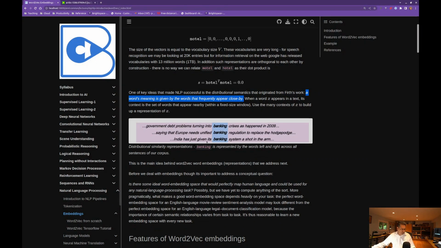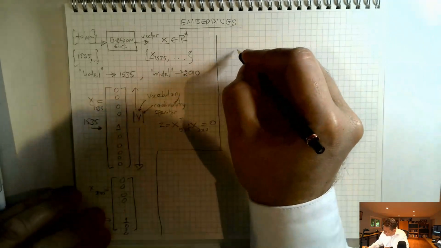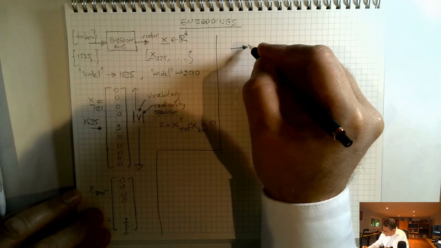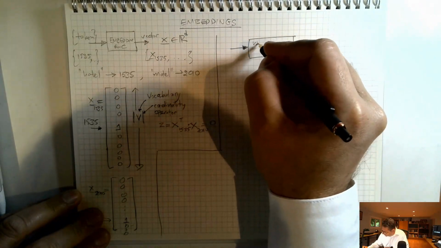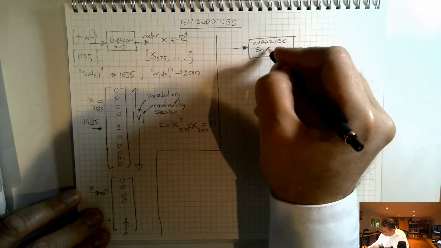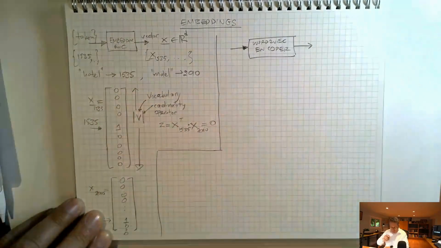So let's see a bit more specifically. Let's write this down and see how these probabilities will look. And evidently they will take the form of posterior probabilities. So let's draw. We have the concept of, let's say, the center word, which was the word banking. So the center word is actually coming in.